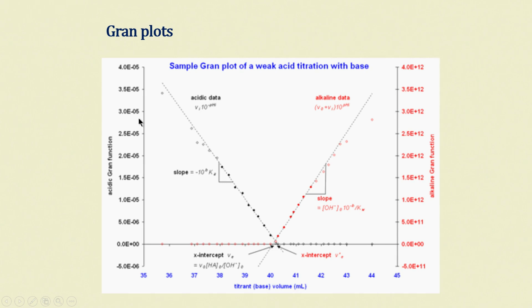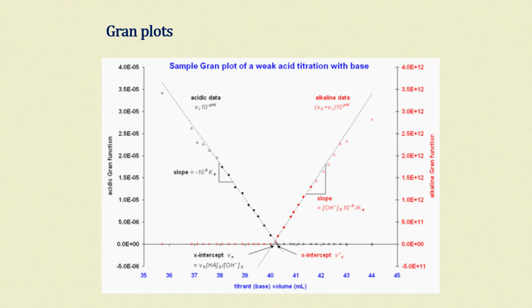Here it is the acidic Gran function on the left side, and with the red one we have the alkaline Gran plots. The slope of the alkaline solution is minus OH minus, then 10 raised to minus B by Kw, and this is the other one. Here is the potential on both sides, and the intercept is the concentration of the substance, that is volume.